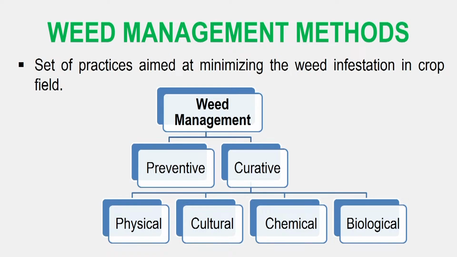Here it means a set of practices aimed at minimizing the weed infestation in the crop field, and weed management can be categorized into 2 groups. The first one is the preventive method and the second one is the curative method, and under the curative method there are the physical, chemical, biological as well as cultural methods.